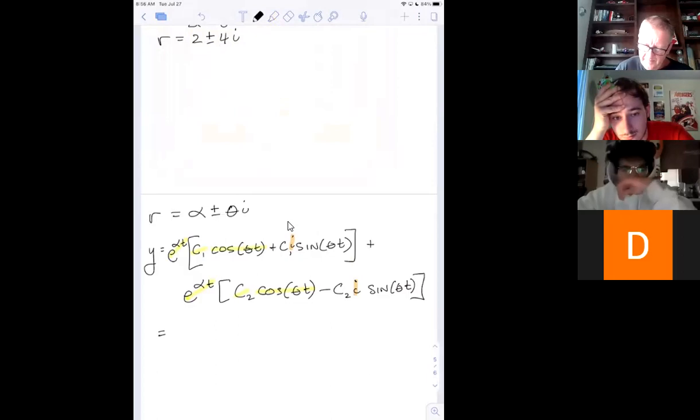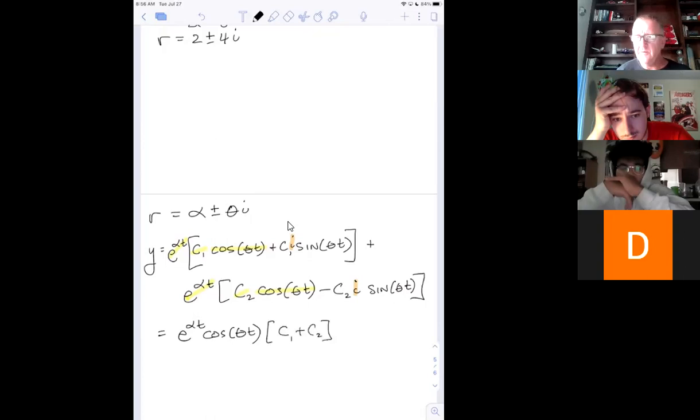In other words, if I added those together, don't I have e to the alpha t in both of them and cosine of theta t in both of them? And then it's just multiplied by constant 1 plus constant 2. Does that make sense? But isn't that just a constant? In other words, couldn't I just call that constant 3? You tracking with that? It's just algebra.